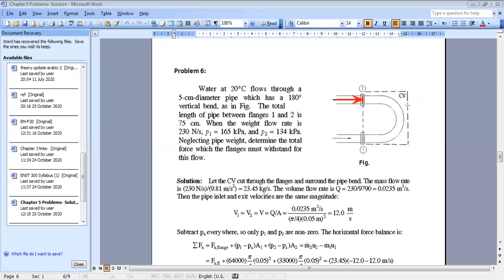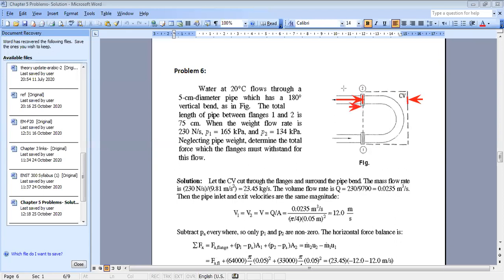And from directly the opposite side, it is PA. So when I do the summation over the control volume, what will cancel this component is a part equal to PA.